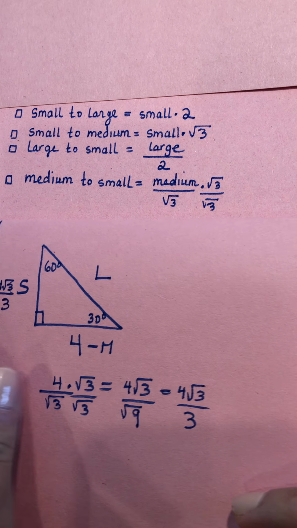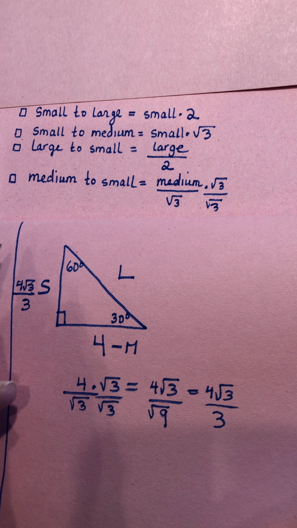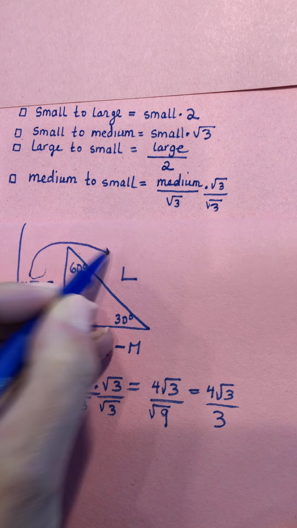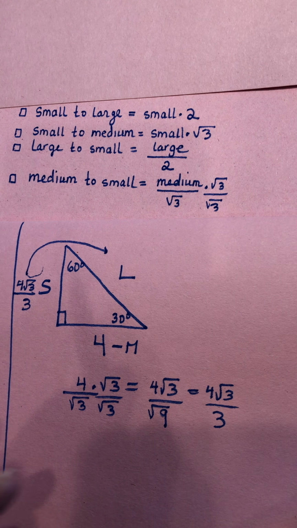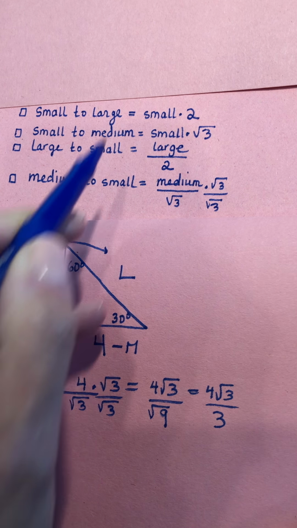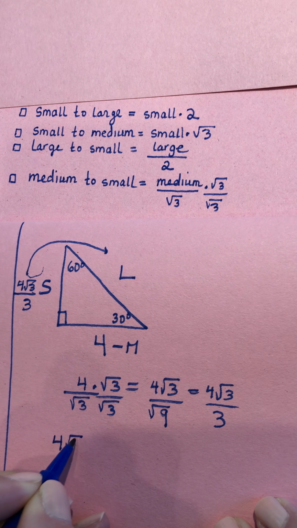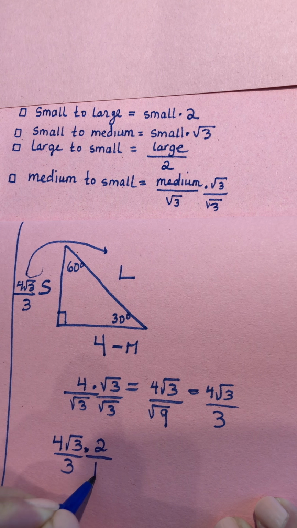So hopefully you can see that. Let me move this over a little bit. And then finally, I just need to get my large side. And I think at this point you see that I need to go from small to large because that's the only thing missing. Going from small to large, I'm just going to multiply by 2. So taking my 4 root 3 over 3, I'm going to multiply by 2 over 1.